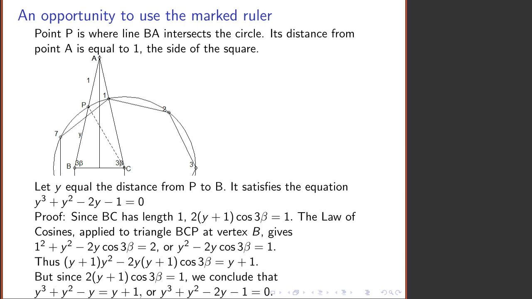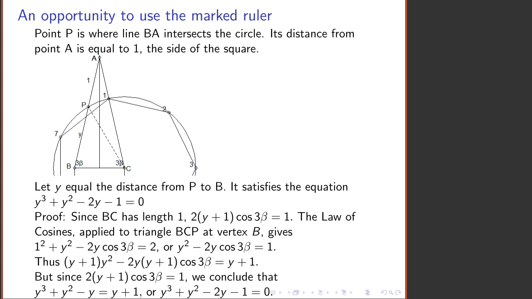Let me multiply this through by y plus 1. So y plus 1 times y squared, minus 2y times y plus 1 times cosine 3 beta, equals y plus 1. But now look at this isosceles triangle.